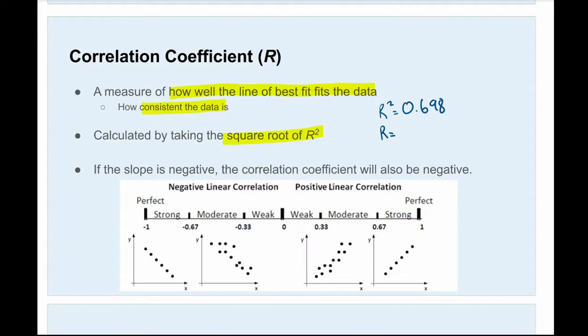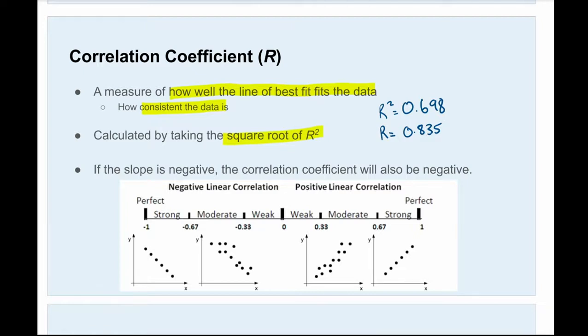If I take the square root of 0.698, I get 0.835, and that value is going to tell me how strong the correlation is between these two variables. So basically saying, is there a relationship?